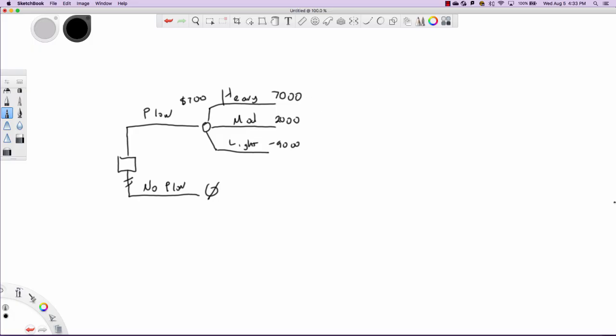All right, now so we had this $700, right? But I've erased all the probabilities because we're going to do a quick little sensitivity analysis. Instead of there being a 40% chance of heavy snowfall and a 30% chance of moderate snowfall, let's change those around just a little bit.